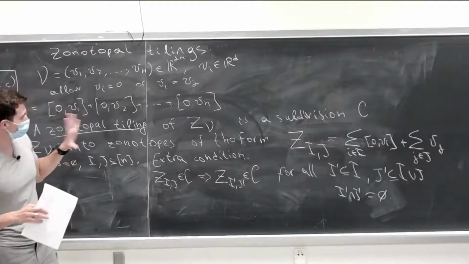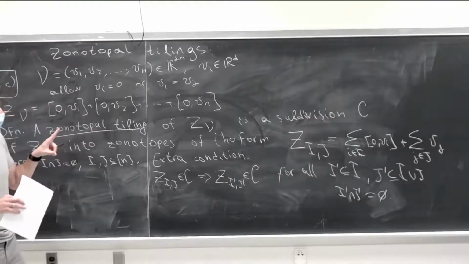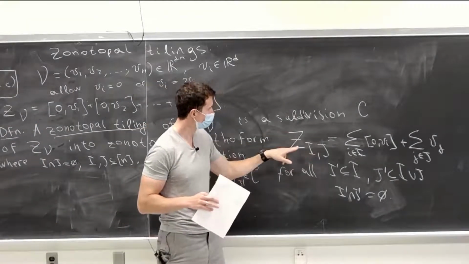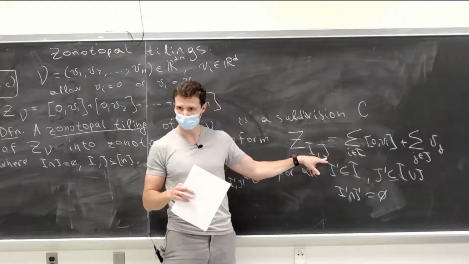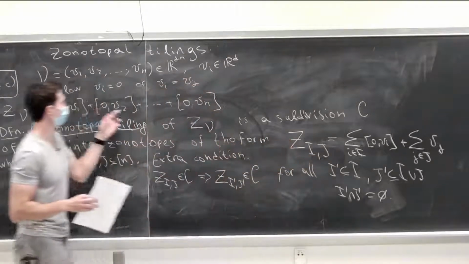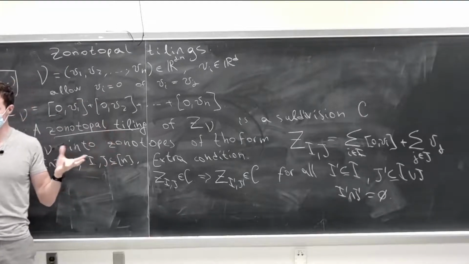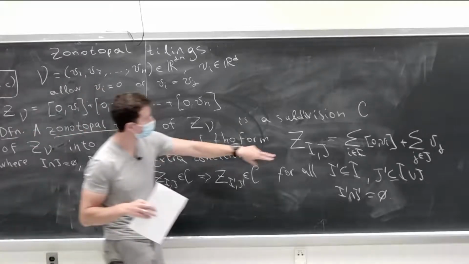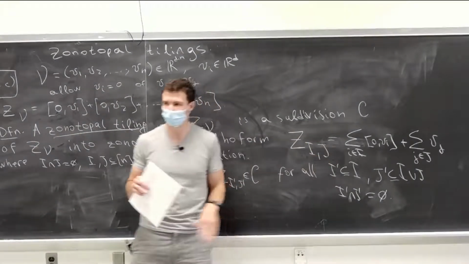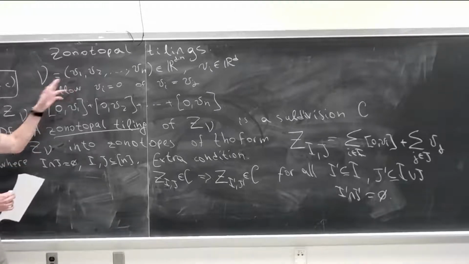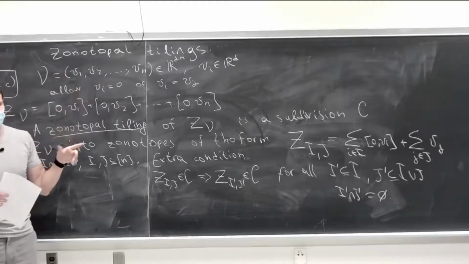And so one important point that you do have to remember is that I'm not only taking a bunch of zonotopes, but for each zonotope, I also remember the I and the J that gave rise to it. Because some vectors could be 0, so many different I's and J's could give rise to the same zonotope. And I want to label each zonotope by a pair of I and J. If I wrote a set here, then the ordering doesn't matter.